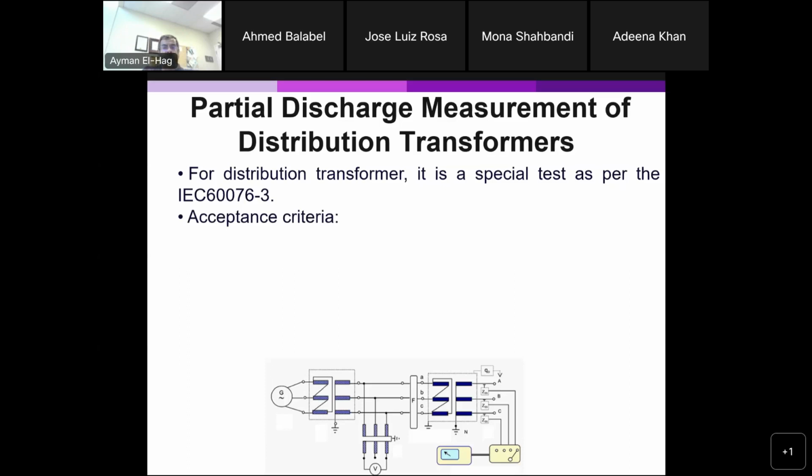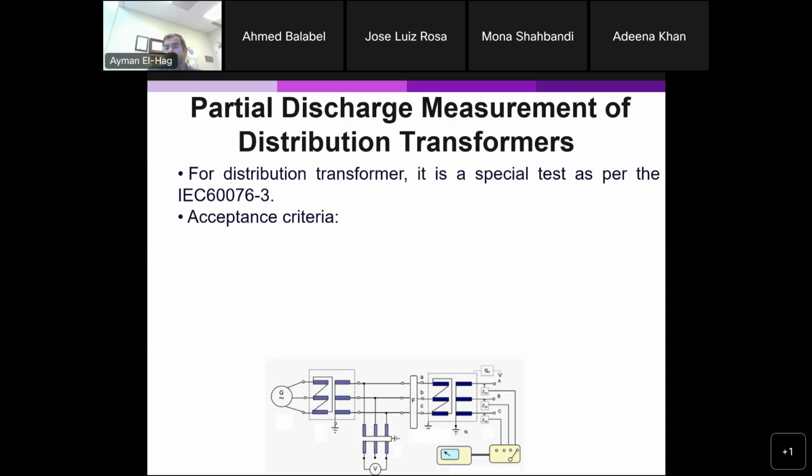We have the hipot test, or the separate source voltage test, where you apply the high voltage after you short circuit the high voltage three phases, and you short circuit the low voltage and connect it to the tank, and you apply the high voltage at the high voltage terminals. Basically you are measuring the integrity of the insulation between the high voltage and the low voltage, or the high voltage and the ground. We call this testing of the clearance.